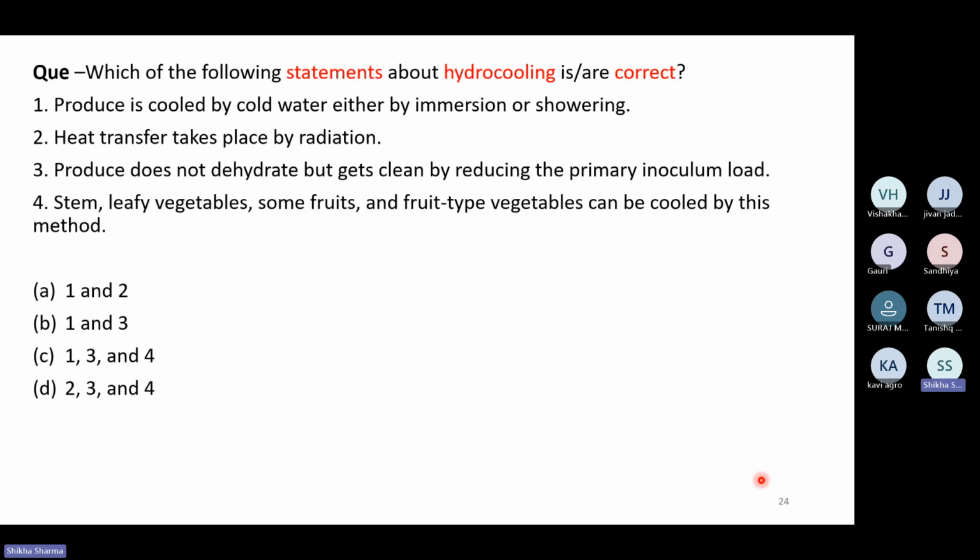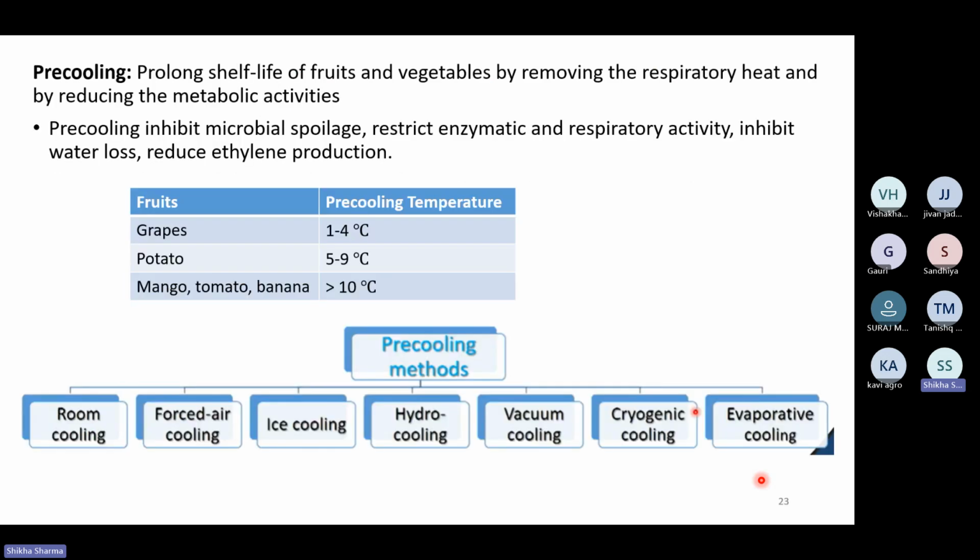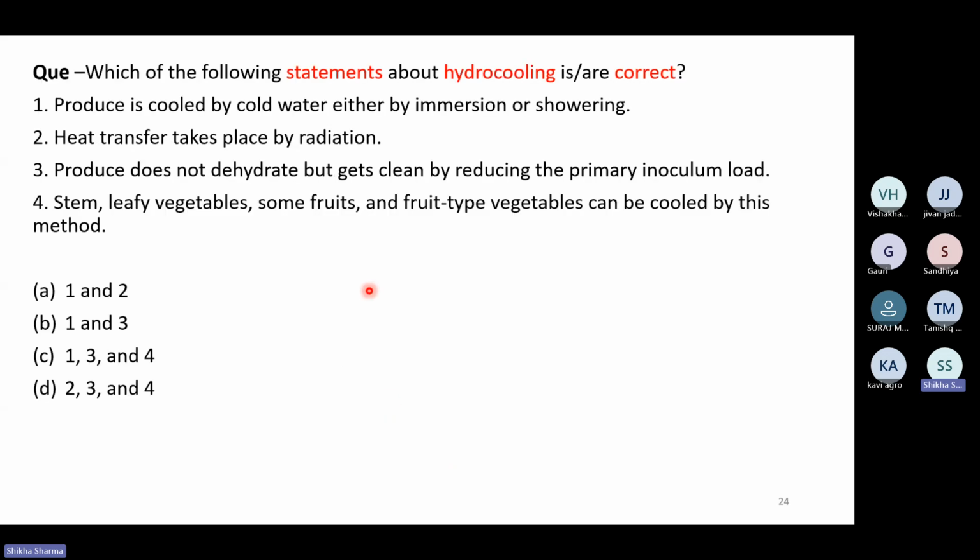So this question is now based on hydro cooling, which is a kind of pre-cooling method. We are now discussing this question on hydro cooling: which of the following statements about hydro cooling are correct? We have 4 statements and we need to tell which are correct. First, produce is cooled by cold water either by immersion or showering.